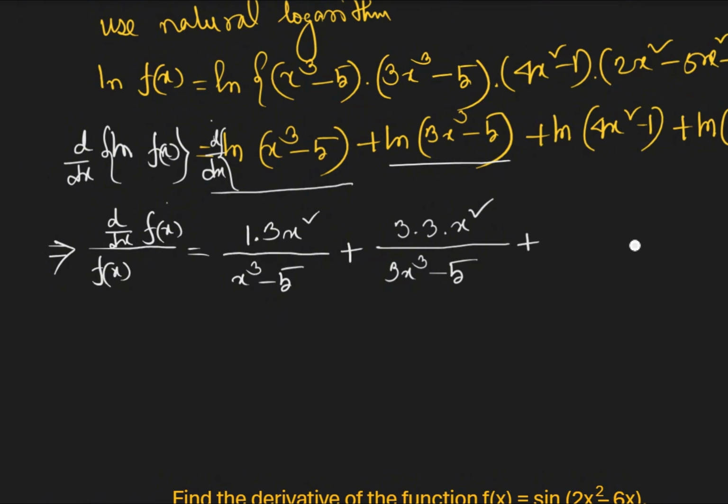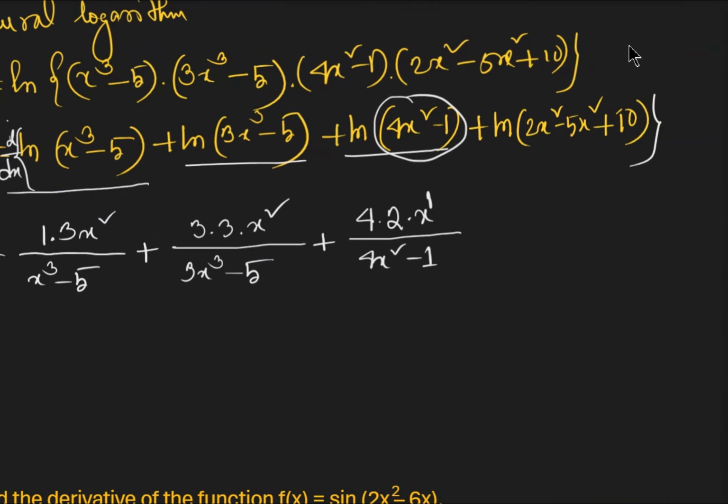Now plus again this part, 1 by 4x square minus 1, and its derivative is 4.2x.